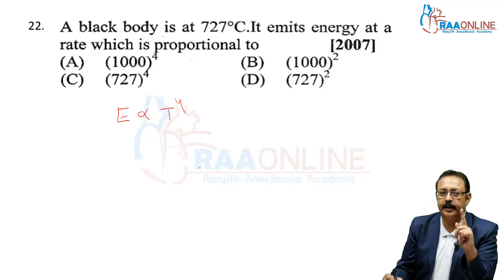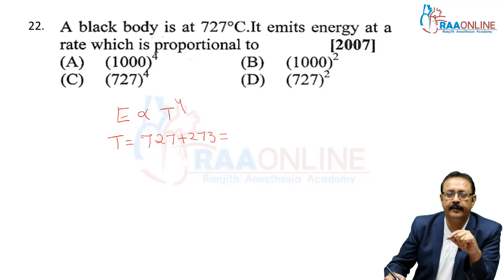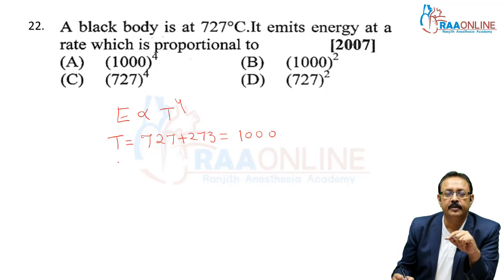Since we are using capital T, temperature should be in Kelvin. So in Kelvin, your temperature is 727 plus 273. What are we going to get? It is 1000. So it means E is proportional to 1000 raised to the power 4.